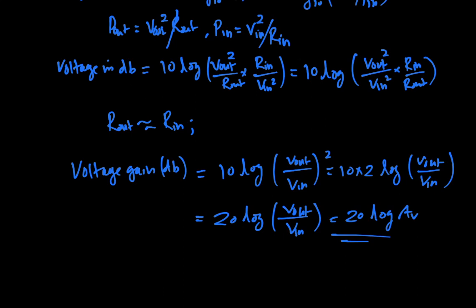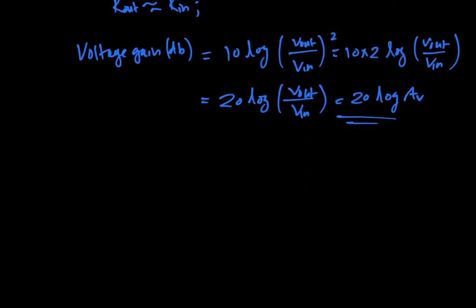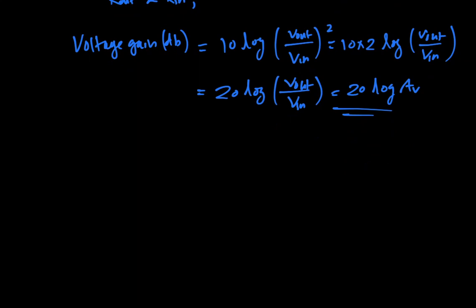Now if we consider the same equation, that is the expression for the power gain, in terms of the current, then we know that P out can be expressed as I out square into R out, and P in is equal to I in square into R in.